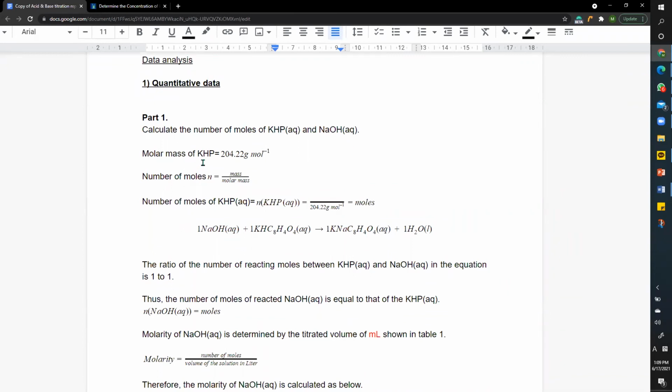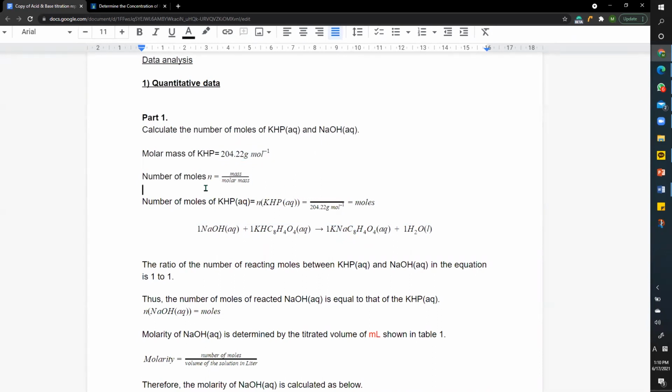We know that the molar mass of KHP is 204.22 gram per mole. You can Google this one, or you can add all of the atomic masses using your data booklet of chemistry. So I just Googled it, and it shows like this.